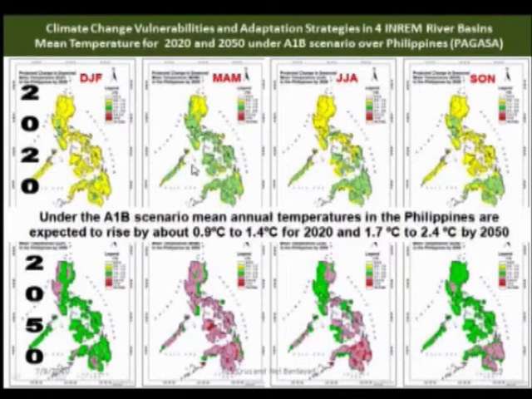What you can see on the screen now are maps of mean annual temperature increases in the Philippines in 2020 and 2050. These maps were developed by the Weather Service Agency of the Philippines, and they downscaled this information from the global climate scenarios.